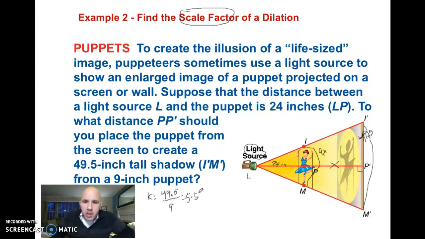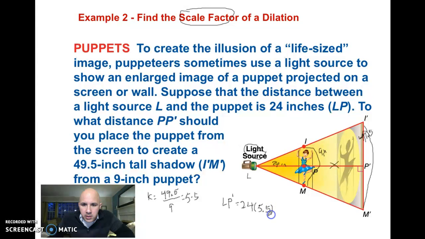Then what you want to do next is find the distance from the light source all the way to the projected image. So we're going to find the distance from L to L prime. It's going to be 24 times your scale factor, which we have as 5.5.